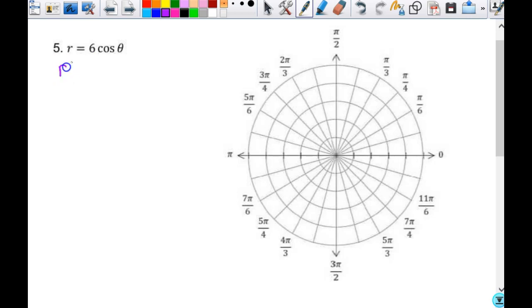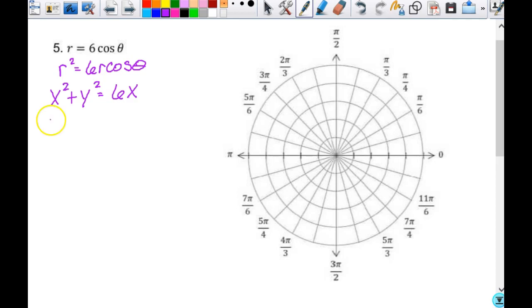So this is going to give me r squared equals 6r cosine theta. So now I can substitute for the r squared and I can substitute for the r cosine theta, so I'm good. So what do I substitute for r squared? X squared plus y squared equals 6 what? X. So what is this going to be? A circle. Is it going to be centered at the origin? No. Okay. So I need to figure out where it is centered.